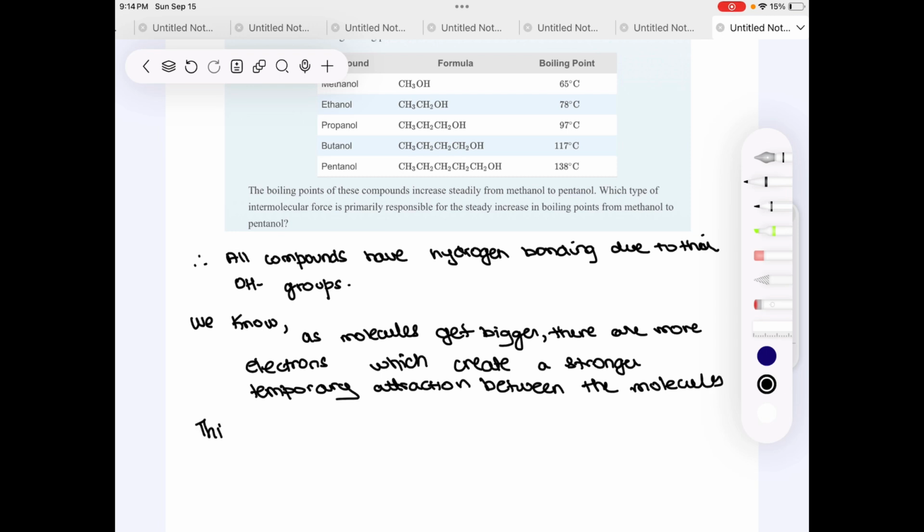This makes it harder for the molecules to separate.